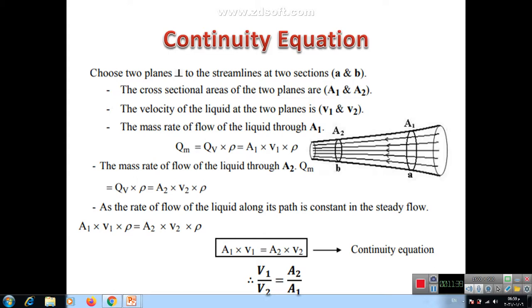As the rate of flow of the liquid along its path is constant in the steady flow, A1 times V1 times rho equals A2 times V2 times rho. So A1 times V1 equals A2 times V2, and this is the continuity equation. So we have V1 over V2 equals A2 over A1.